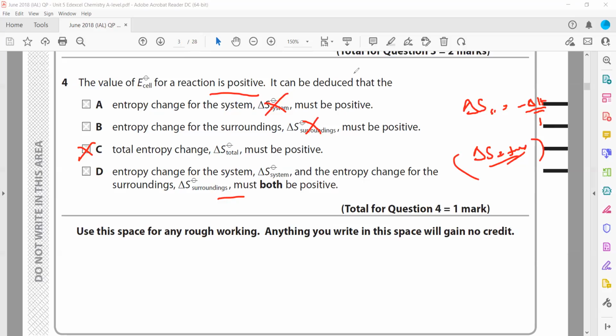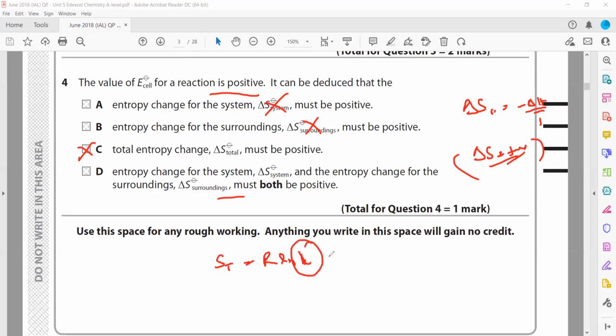But for the system, it can be positive or negative. It's not fixed. And we know the total entropy change is equal to R, L, and K.